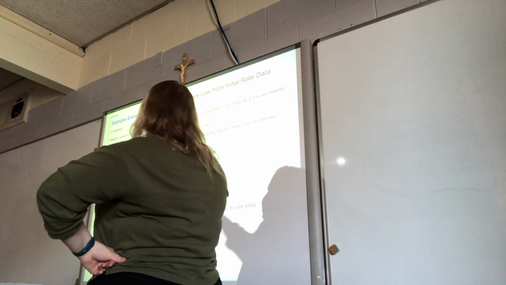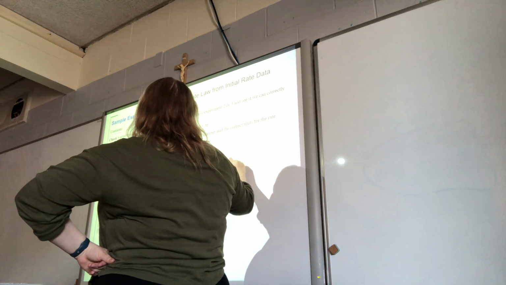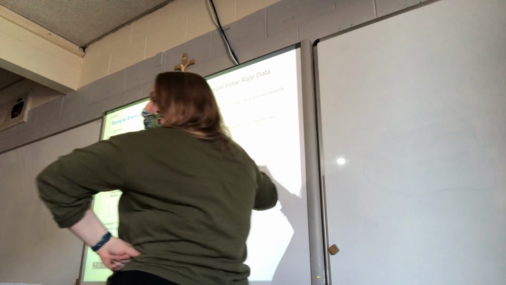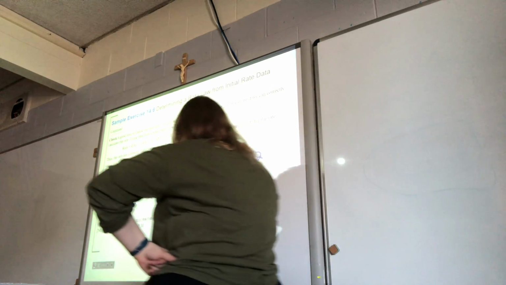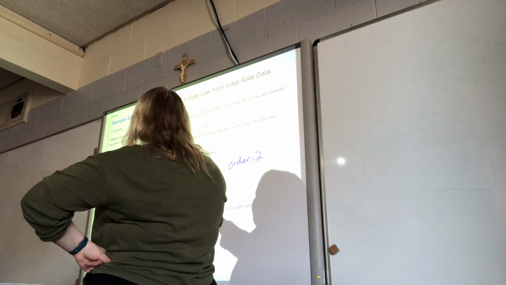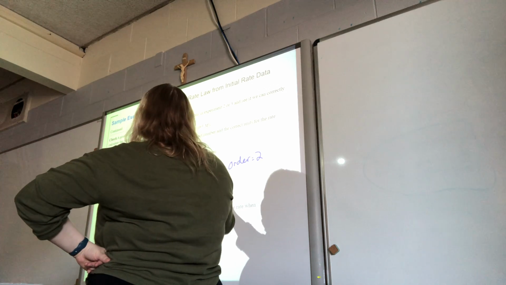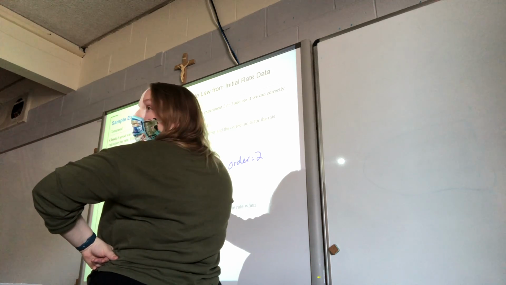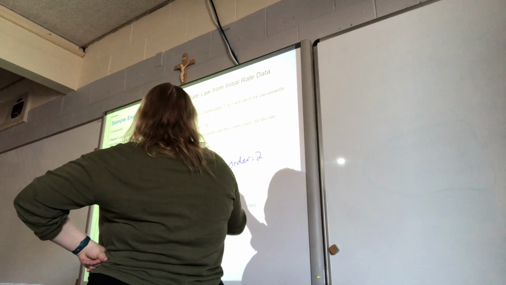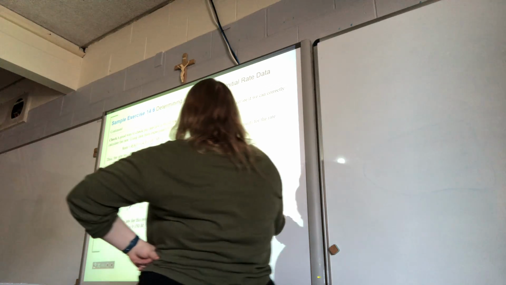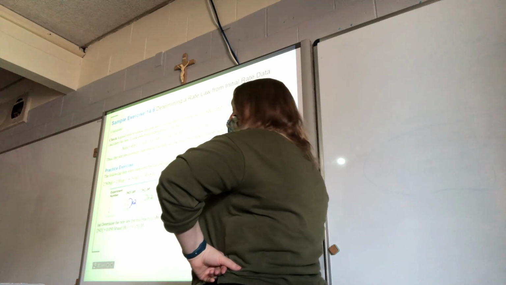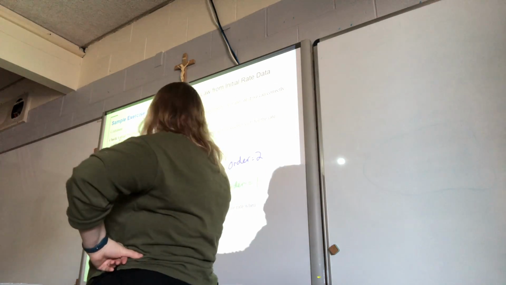So for this one, the order is what? 2. For this one, 2 to the y, different variable, equals what? Should be 2. So the order for this one should be what? 1. Okay, so then what do you write for your rate law?